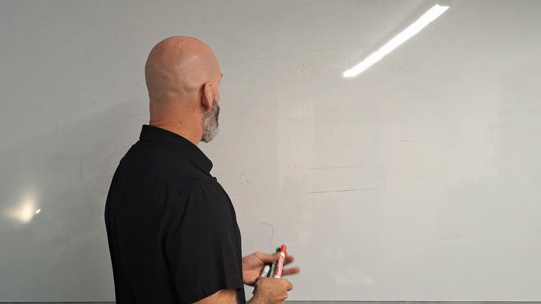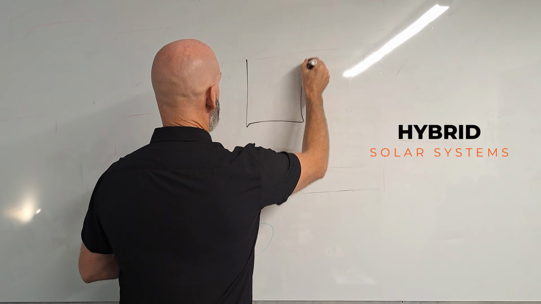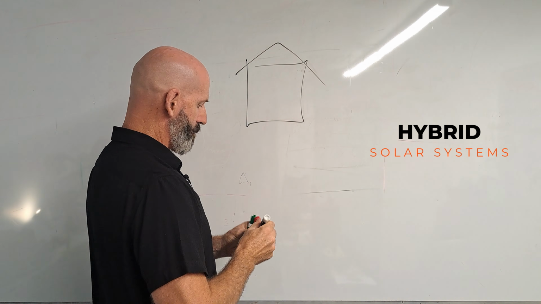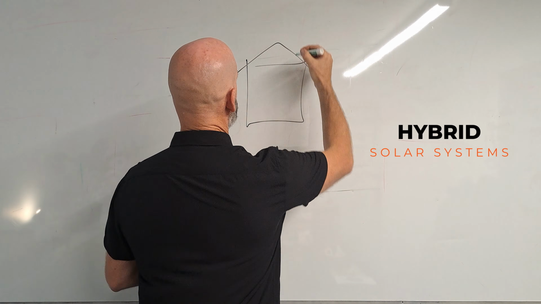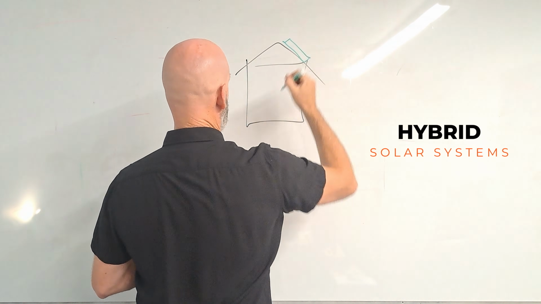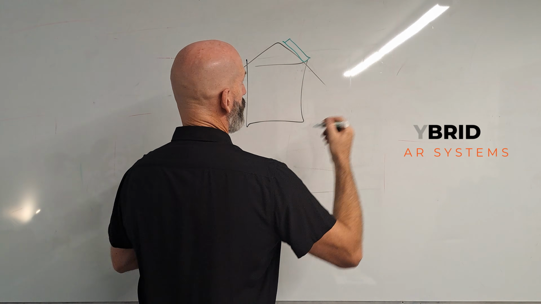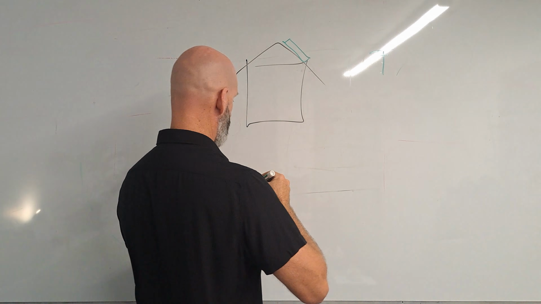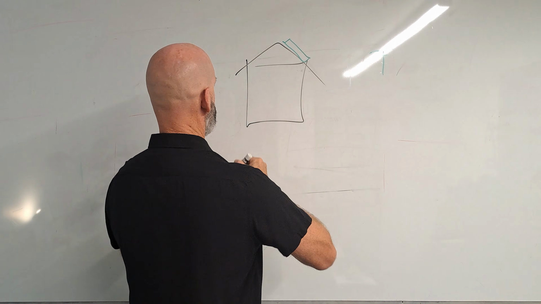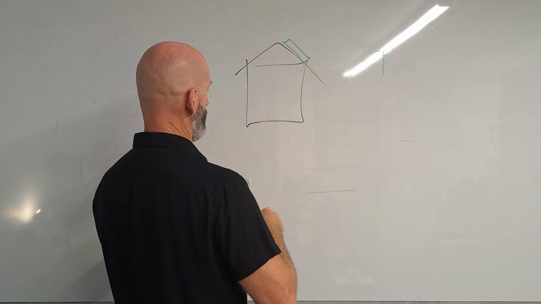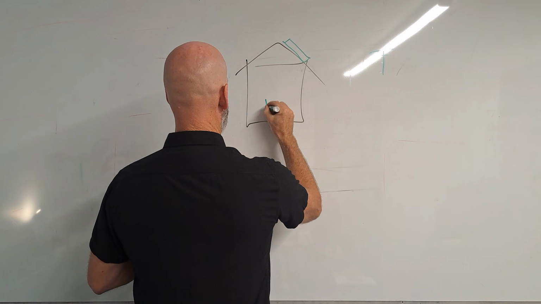Okay, hybrid. Our hybrid solar system operates on a very similar setup. We've got our solar panel, we're going to have our grid, we're going to have our inverter. Actually, let's just use this so we can see it all. I'll put it over here.